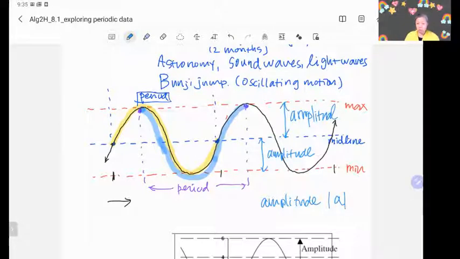Amplitude is only the simple pure distance, whether going up or down from the midline. To get rid of the direction-wise positive and negative, we usually notate it with the absolute value, okay?